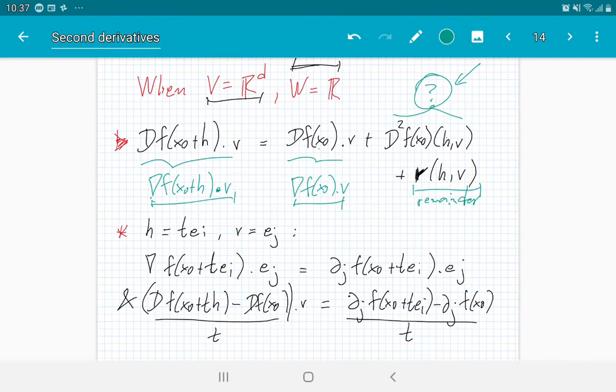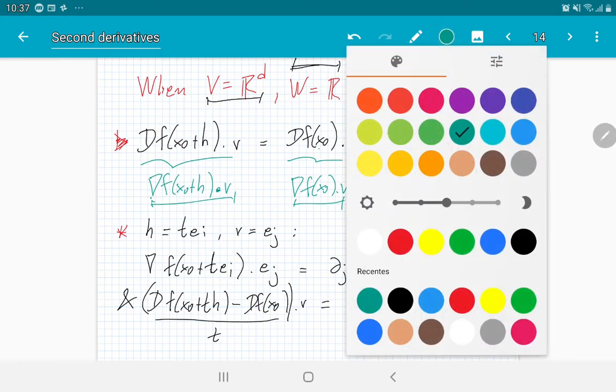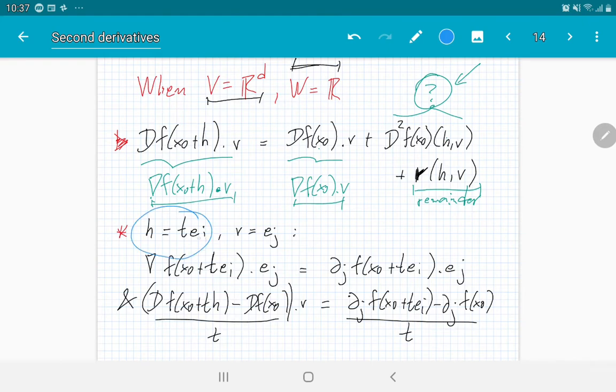So I'm going to take h to be t e_i, which goes to 0 as t goes to 0, and v to be e_j. When I look at this expression and see what happens, I get the gradient of f at x_0 + t e_i applied to e_j. We know that the coordinates of the gradient are just the partial derivatives.